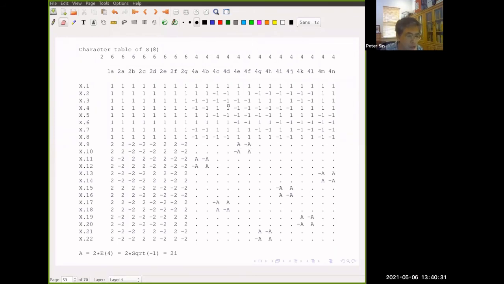And then you can do the same argument as we did for the Heisenberg groups, and you see that we'll have perfect state transfer if we choose S to be, for example, a fixed involution in the center and any inverse closed generating set of non-central classes. Okay. So those are 3 examples of families of non-abelian groups where you can find lots and lots of connecting sets that give you perfect state transfer.